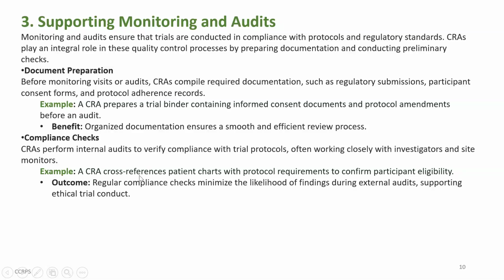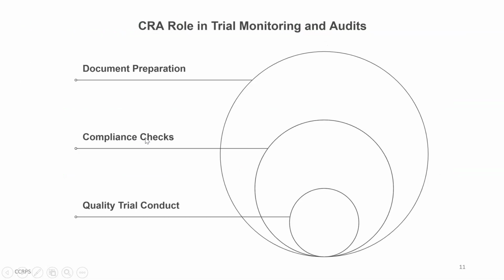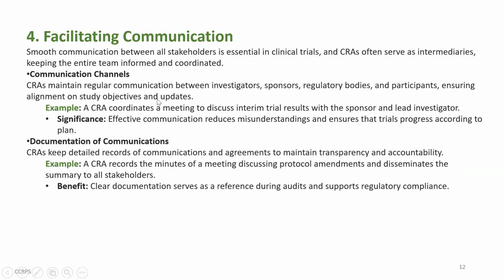Example: a CRA cross-references patient charts with the protocol requirements to confirm participant eligibility. The outcome: regular compliance checks minimize the likelihood of findings during external audits, supporting ethical trial conduct. And here is a diagram on the CRA role in trial monitoring and audits.